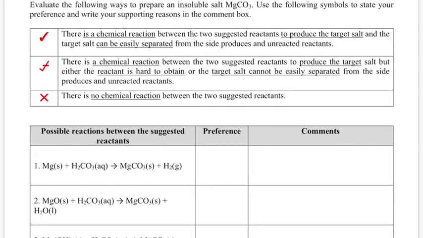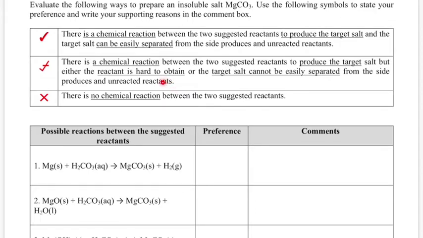For some of the reactions, they're going to have a reaction between the suggested reactants to produce the magnesium carbonate you want. However, either the reactants used are really hard to obtain or not very stable, or the target salt cannot be easily separated from the side product or the unreacted reactants.